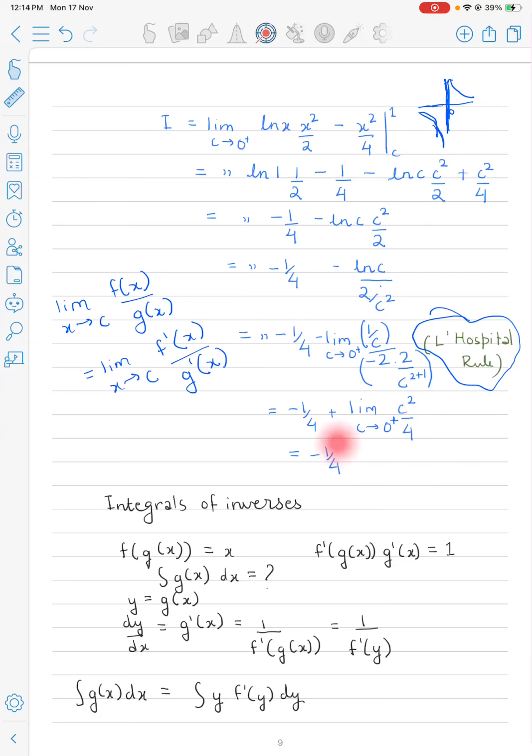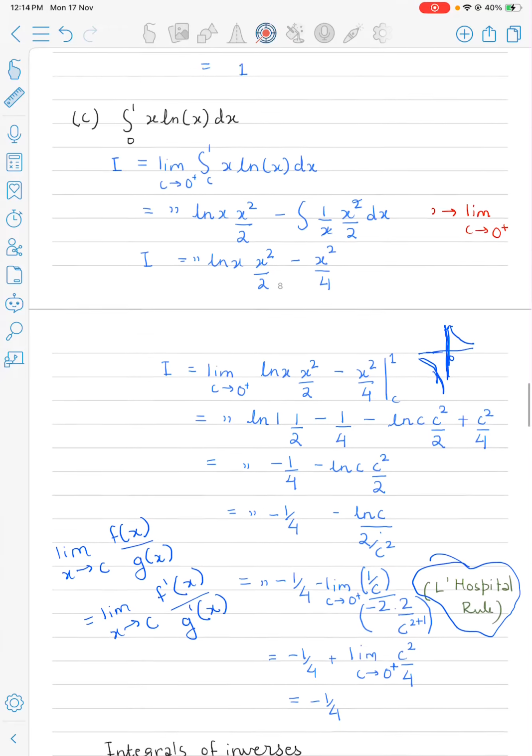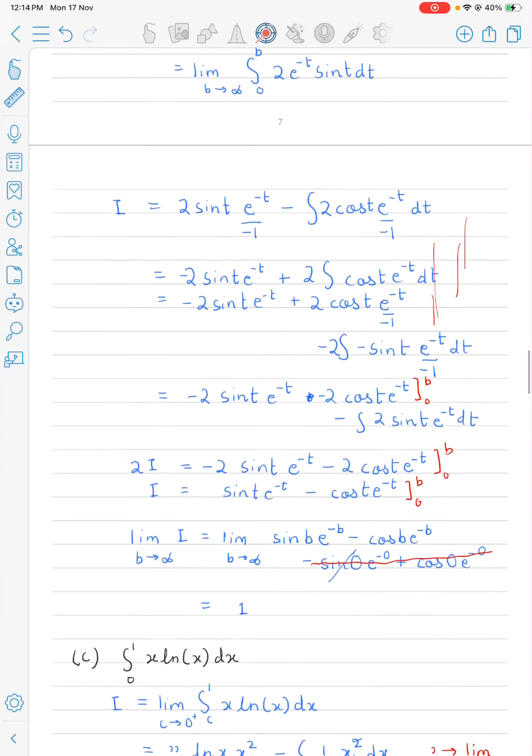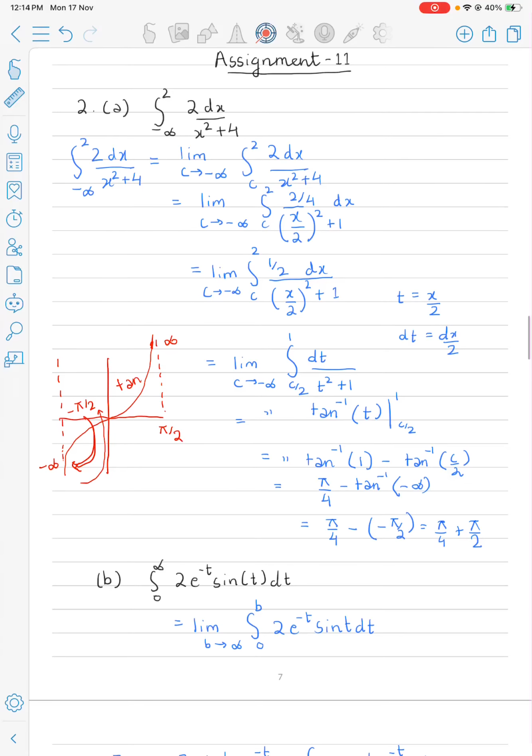Then you will get 1 by 4, minus 1 by 4. So this concludes question number 2 of assignment 11.